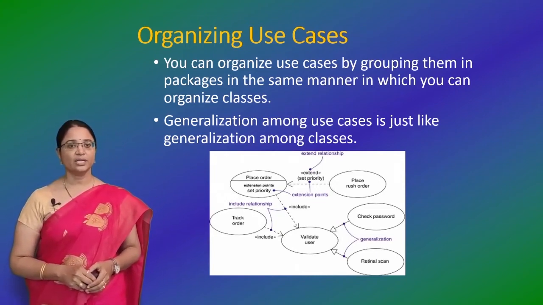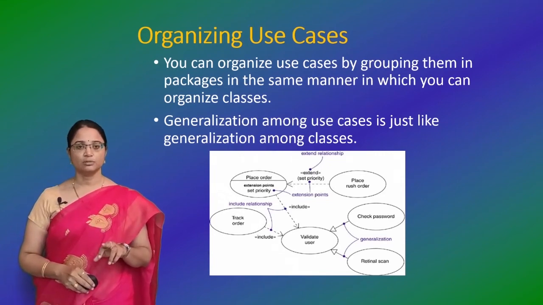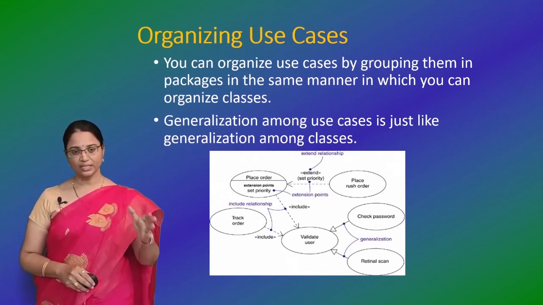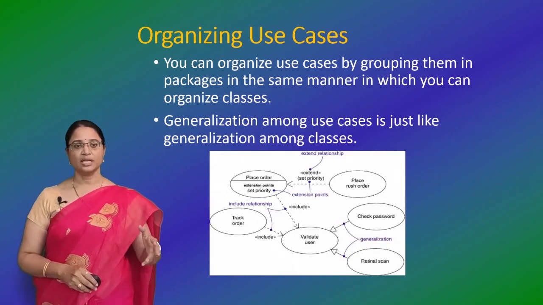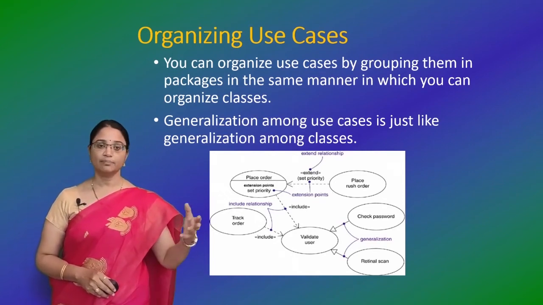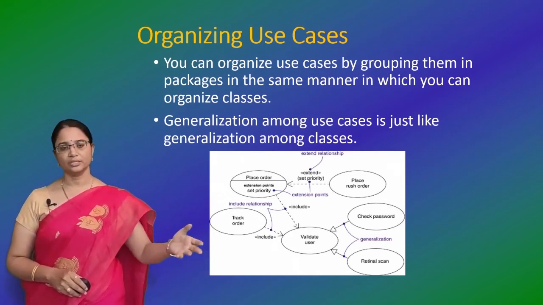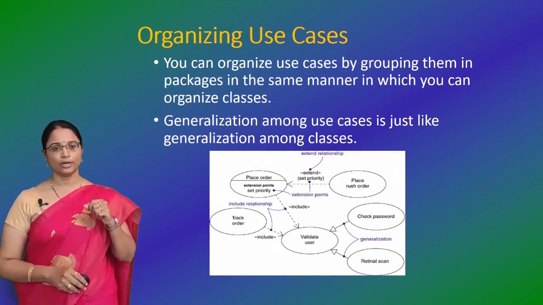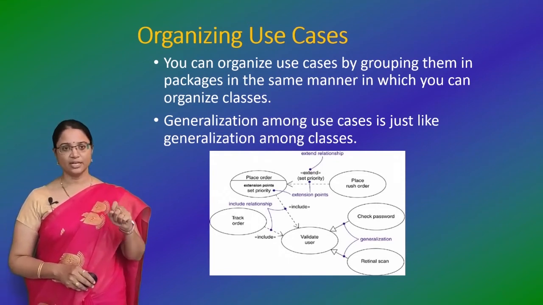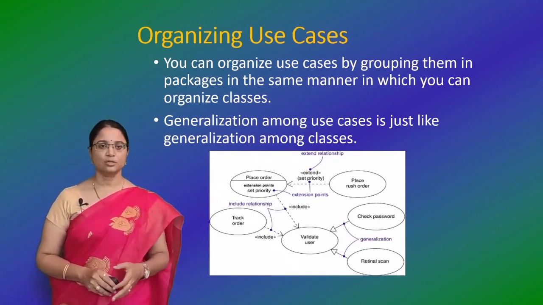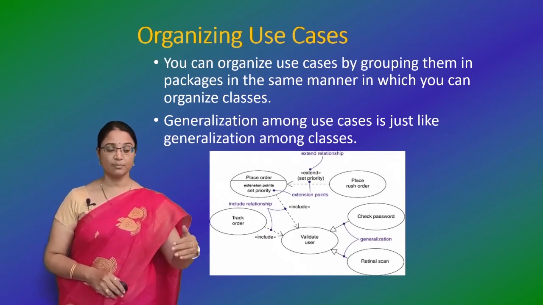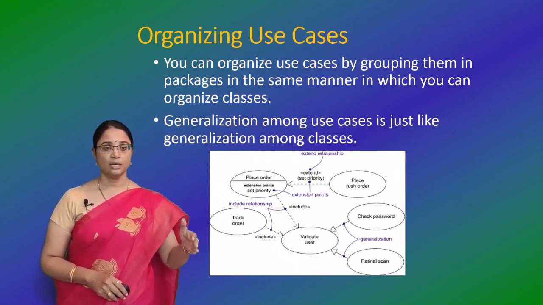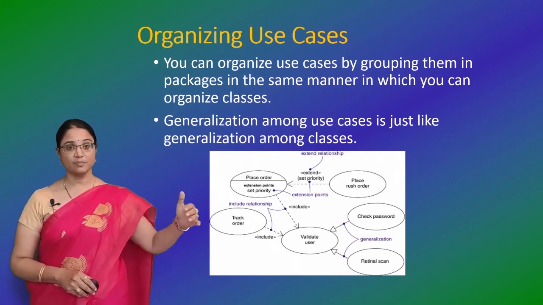Next, after validating the user, what is included? If you validate him as a legitimate user, he can track the order, he can place the order, whatever he wants, he can do it. That is included in the login. If he is a validated customer, he can do all these things. What is extend? Extend is something different: apart from this, we can add some extra features.